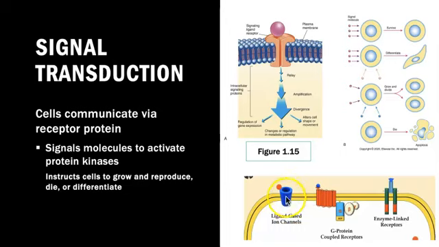So we have our channel-linked or ligand-gated ion channels. We also have our catalytic receptors or enzyme-linked receptors, and these could be activated by ligands as well and function directly as enzymes.